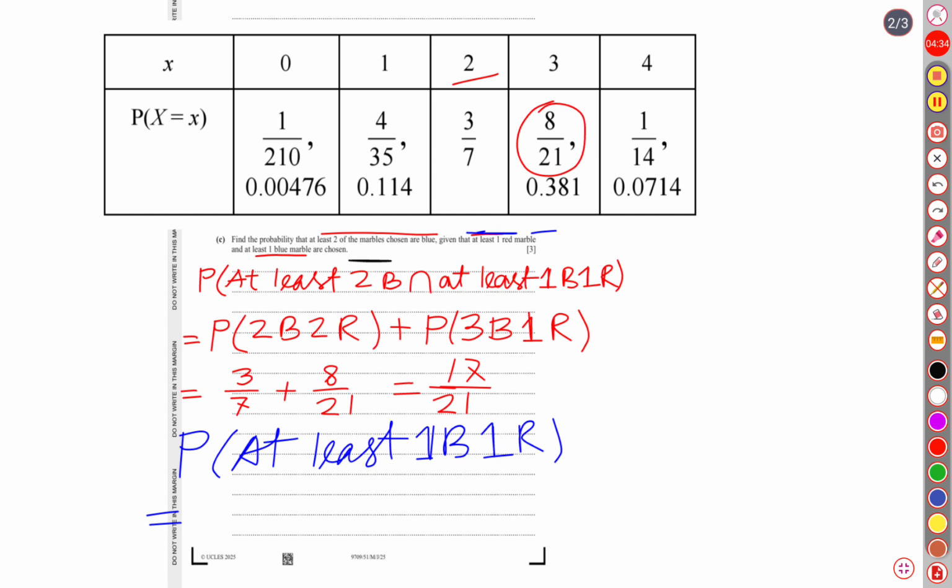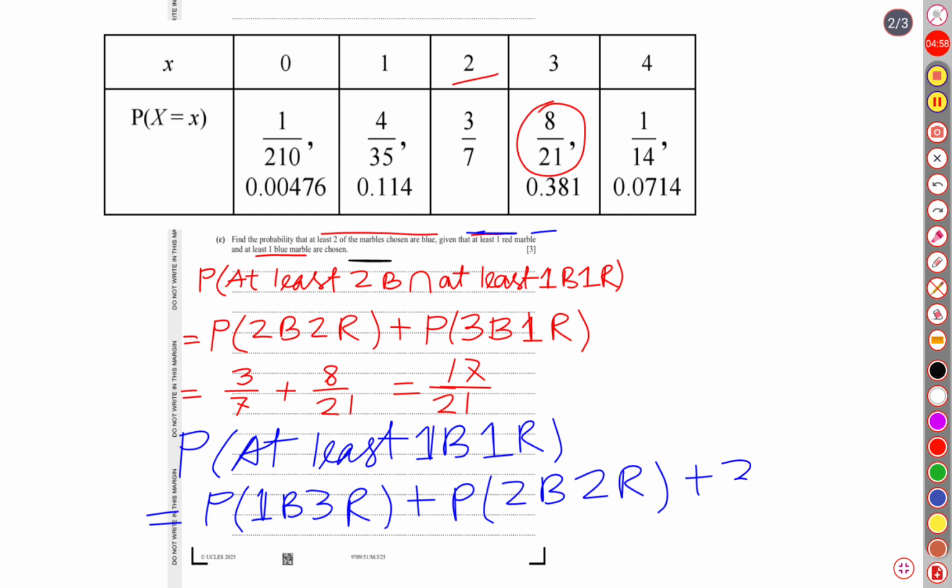If there is one blue, then there will be three red, because in total we have selected four marbles. So it is one blue and three red. Or there will be two blue marbles and two red marbles. Or there may be three blue marbles and one red marble.